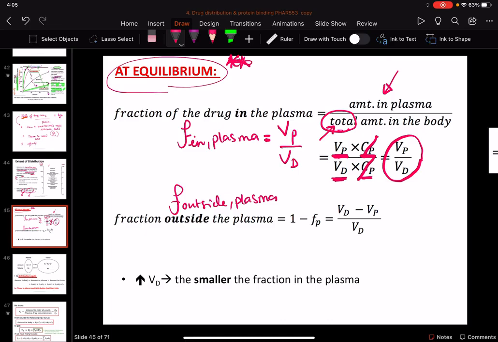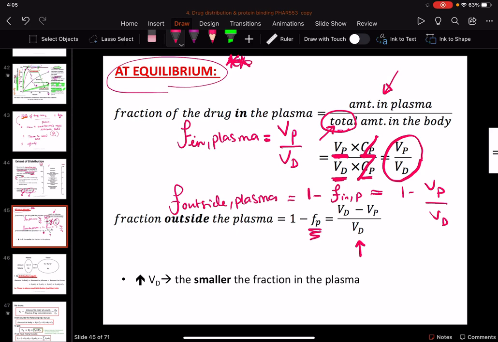Okay, and for sure this would be 1 minus this fraction, which is the fraction in the plasma, or in other words, this one would be 1 minus the plasma volume over the volume of distribution, which is the same as this term.